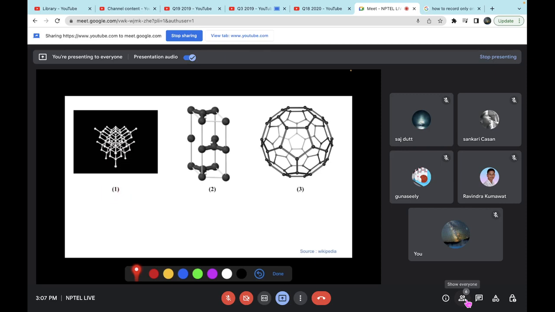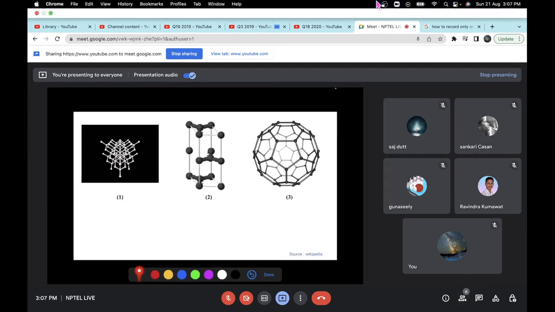First is obviously the diamond structure, second is graphite, and third one is fullerene. For graphite, we are given two different forms, alpha and beta. We will discuss it in a further slide.